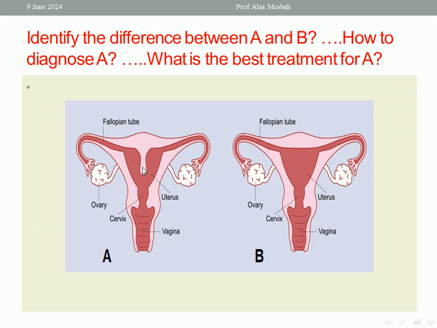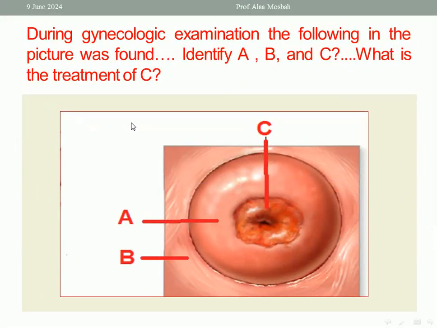But if the patient is at risk of recurrent miscarriage or preterm labor, then hysteroscopic resection of the septum, what's called metroplasty, can be done easily via hysteroscopy. Okay? This is the best line of treatment if it is needed. Go to the next, please.